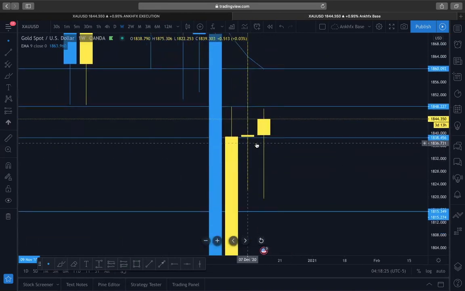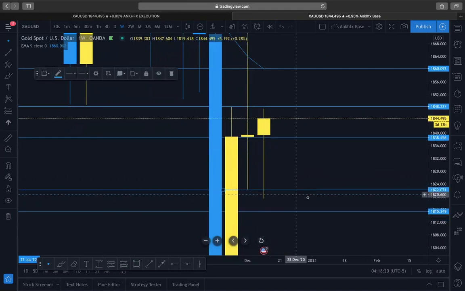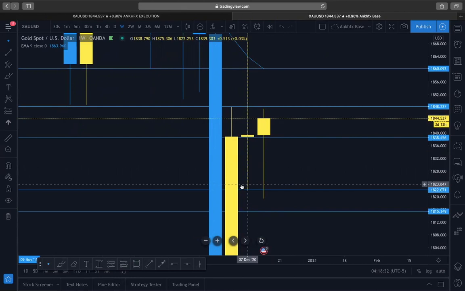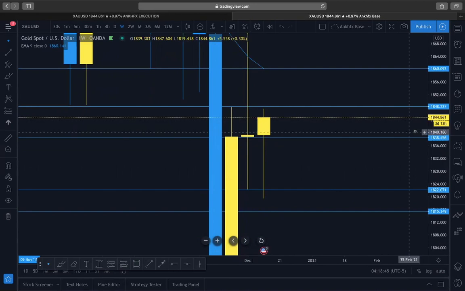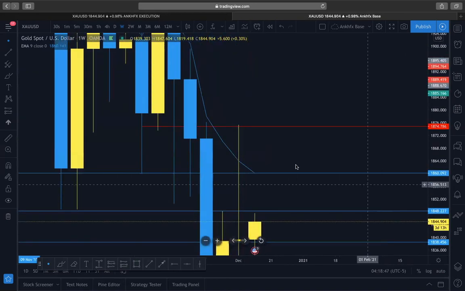Forget about these wicks for a second because these wicks are the liquidation of the movement. So we need the wicks for further volume into our direction. But once it breaks the 1848, then we got nothing to hold it until the 1860, right? And then the 1874.